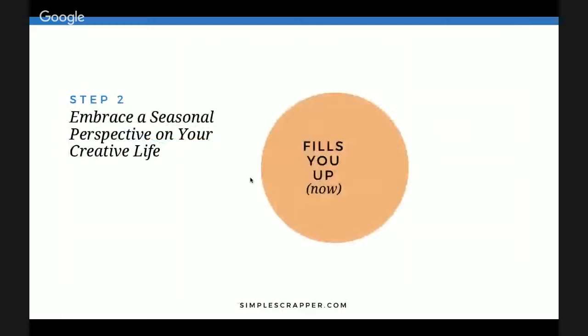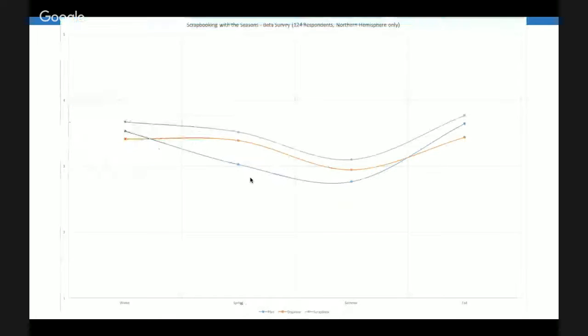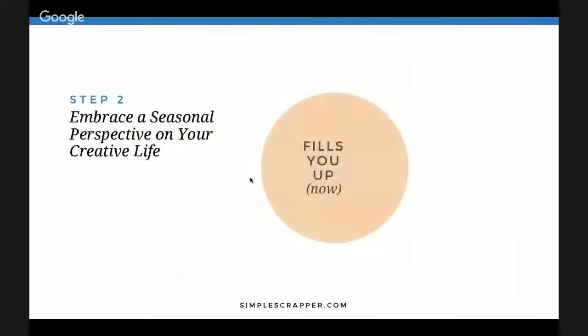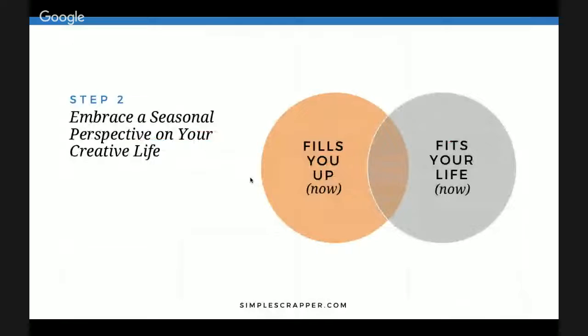All right. So I've mentioned this a little bit, but the idea here is that we're trying to find the intersection between what fills you up right now, what's really getting you excited about the hobby. Oops, going the wrong direction. Sorry about that. And what fits your life. Because when you're thinking about the scrapbook projects that you're going to do in the next 3 months, what fills you up and fits your life now may be different than it was 3 months ago.